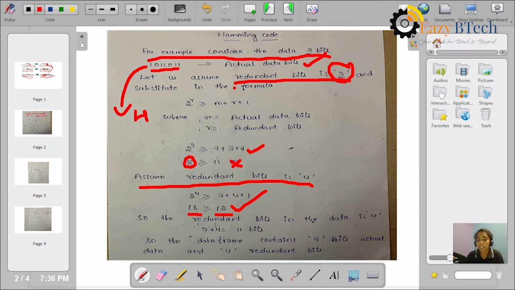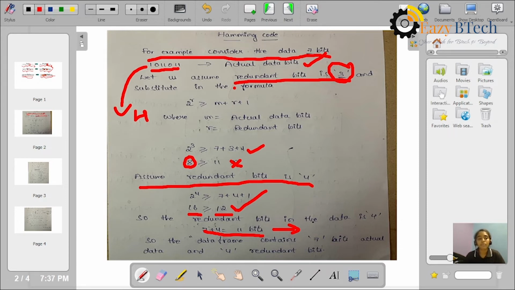So the data frame size is, 7 bits is actual data, 4 bits are redundant bits, total 11 bits, means the size of the data frame. Why I call this a data frame is, in the data link layer the data is in the form of frames, so I call it a data frame.